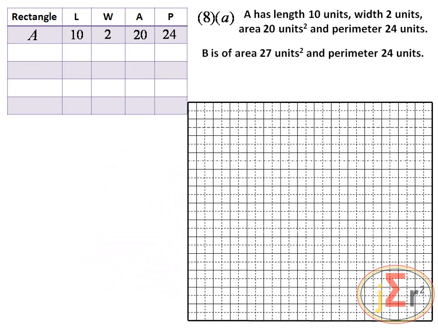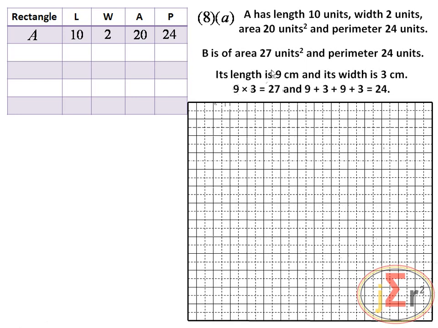B is of area 27 units squared, and the perimeter is the same. If the perimeter is the same, that means when we add all of the sides, we need to get 24. And we will take a look at the implication of this on subsequent slides.